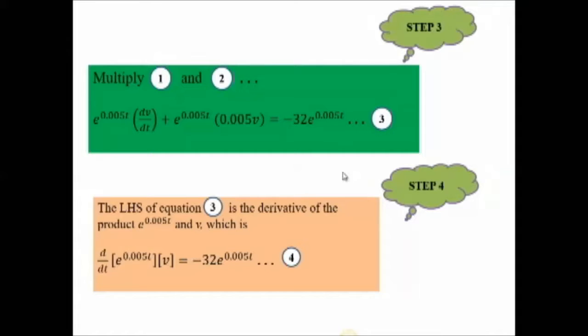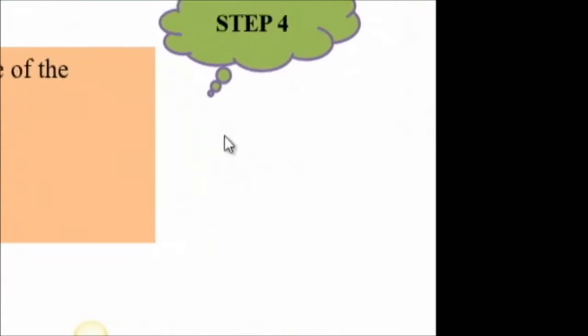Okay, for step 4, the left hand side of equation 3 is the derivative of the product exponent 0.05t and v, so we get d over dt of exponent 0.05t multiplied by v equals negative 32 exponent 0.05t. It is our fourth equation. So for step 5, we must integrate both sides of equation 4.